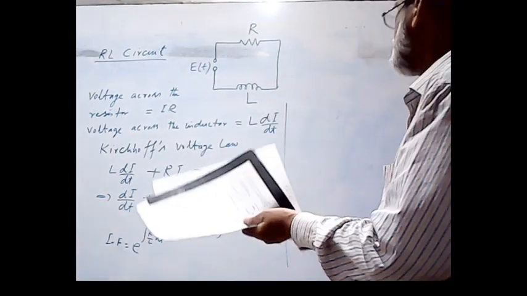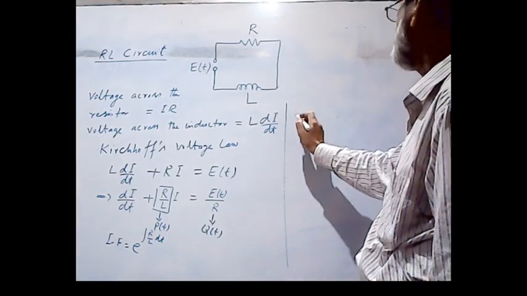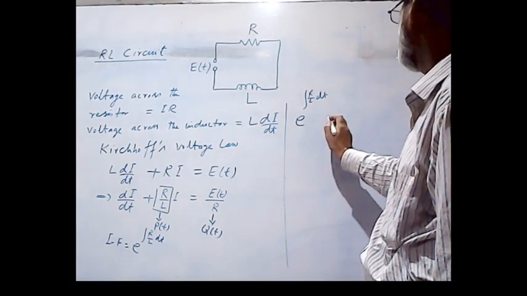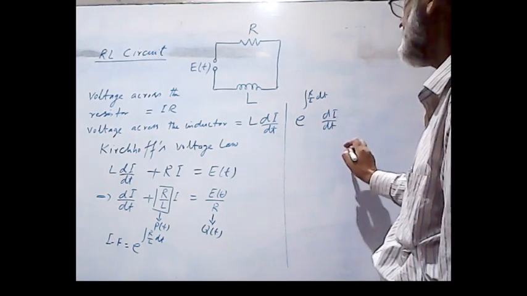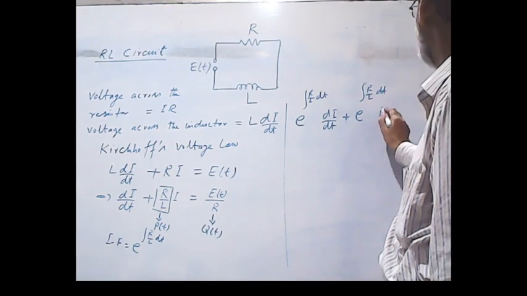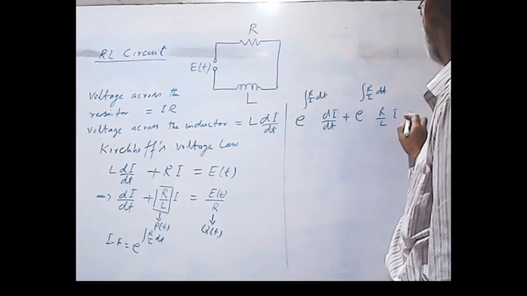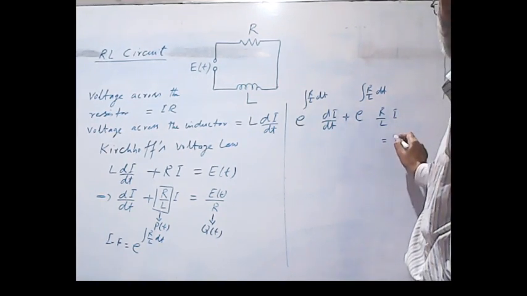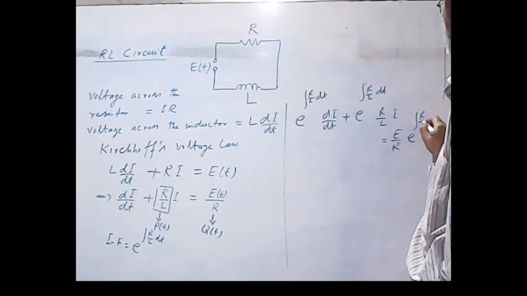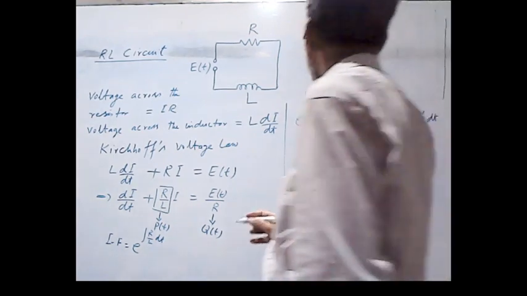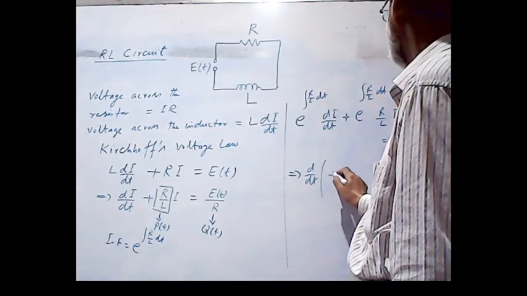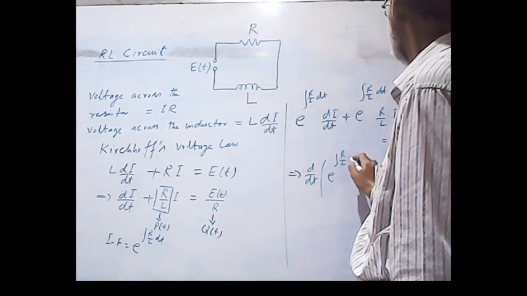linear form. Multiply the whole equation by this factor e to the power integral R upon L dt, then dI by dt plus e to the power integral R upon L dt times R upon L I is equal to E upon R, and then e to the power integral R upon L dt.